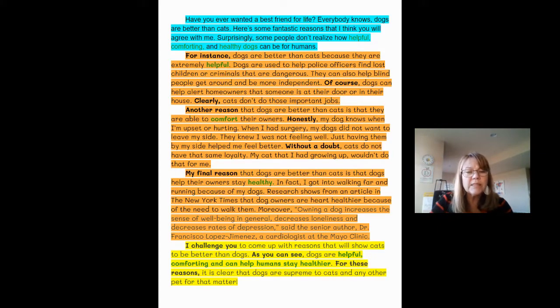For these reasons, it is clear that dogs are supreme to cats and any other pet for that matter. So basically, I'm restating my 3 reasons at the end, but I'm also telling you, if you don't agree with me, you're crazy, is kind of what I'm telling you.